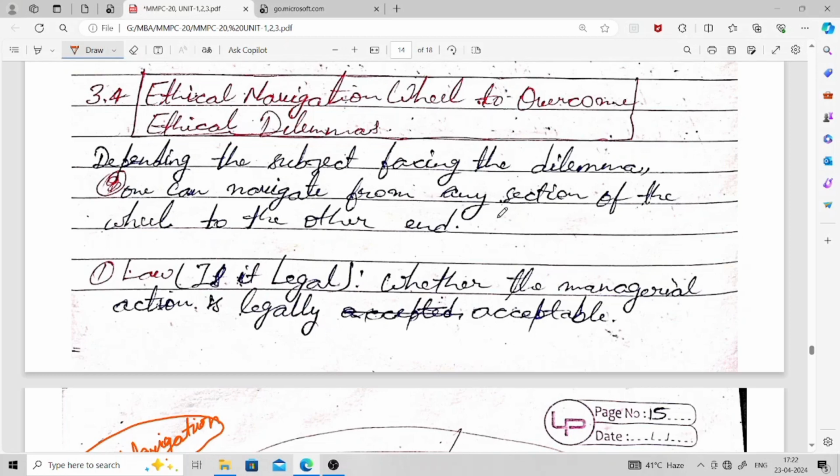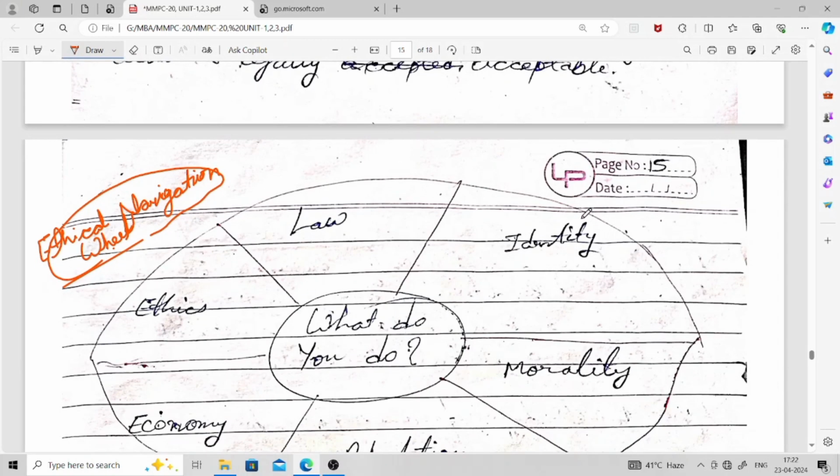That's why this is the ethical navigation wheel, which you can use to make ethical decisions whenever you are in a kind of ethical dilemma.